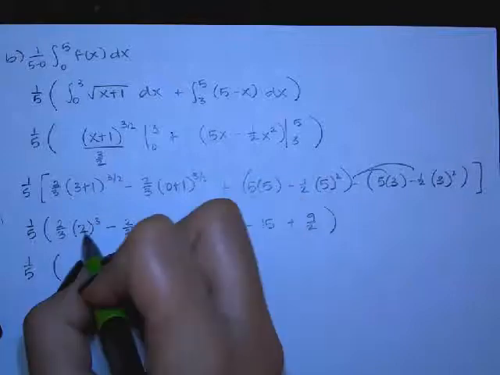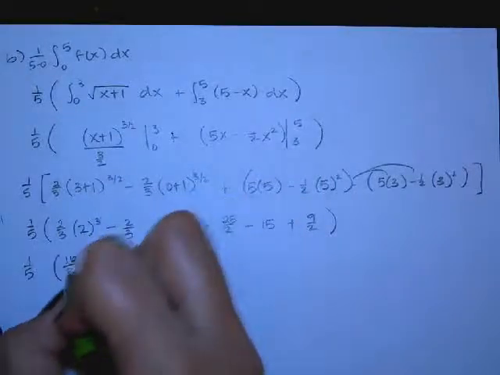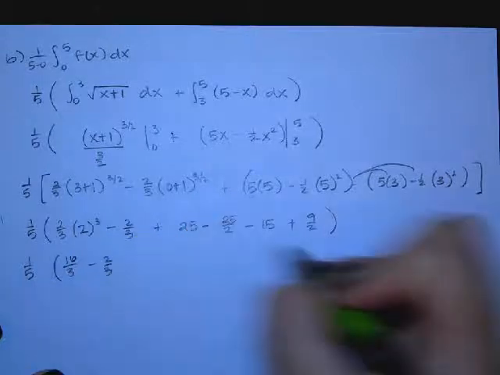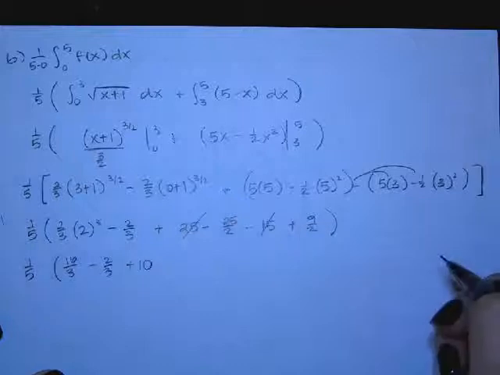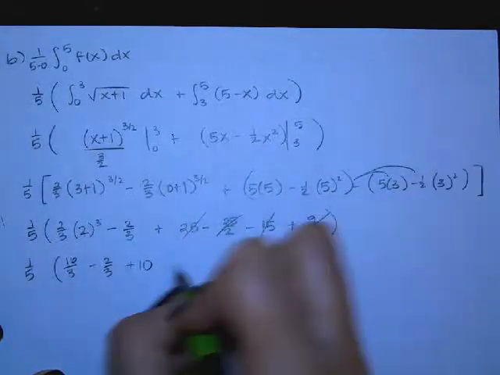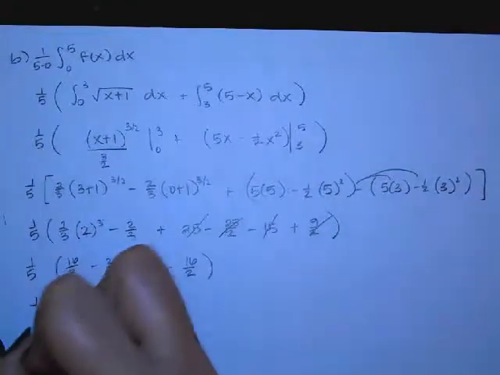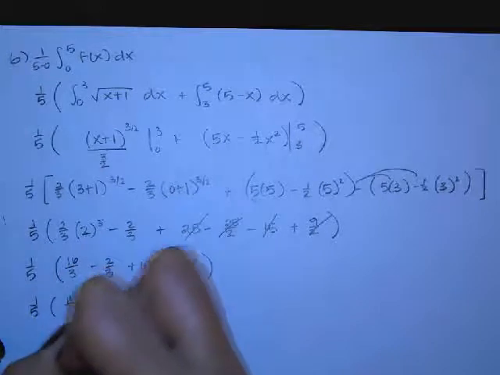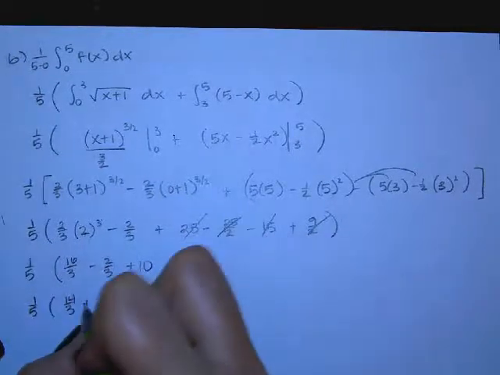0 plus 1, anything multiplied by 1 is itself. Okay, so we've got 2 to the 3rd is 8. 8 times 2, we got 16/3 minus 2/3. 25 minus 15 is 10. Negative 25 halves plus 9 halves is negative 16 halves. 10 minus 8 is 2.